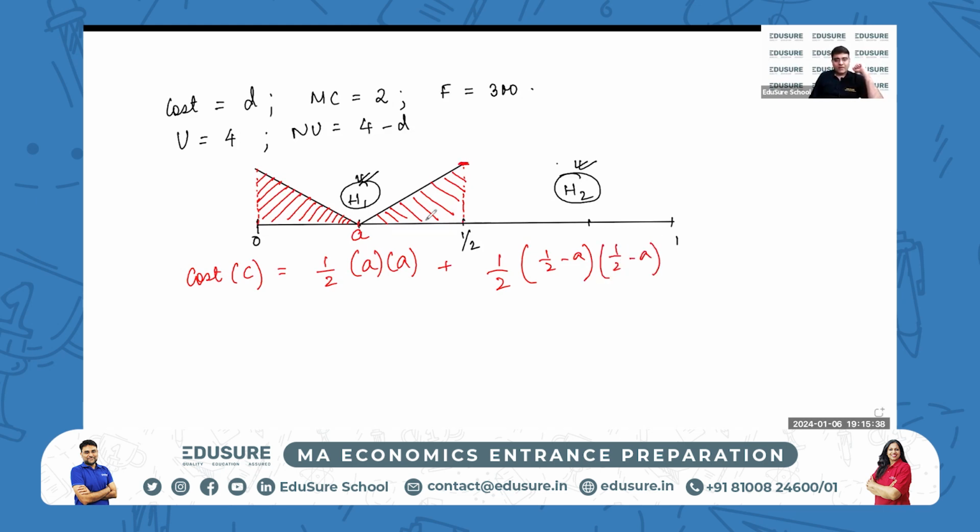Height and base are the same: half minus A, half minus A. Here also A and A. So now I need to minimize this.